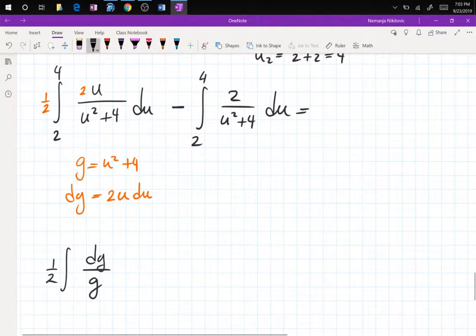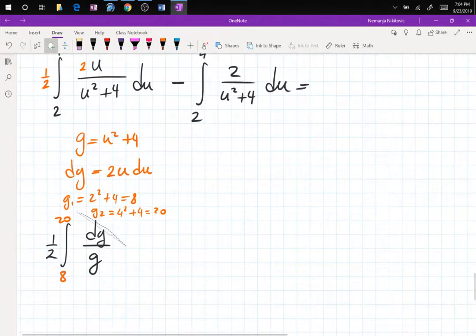So when I plug in 2, let me put g1. g1 is going to be 2 squared plus 4, which is 8. So the bottom limit is 8. And the g2 is going to be 4 squared, 16, plus 4 is 20. So the top limit is 20 on the first integral.